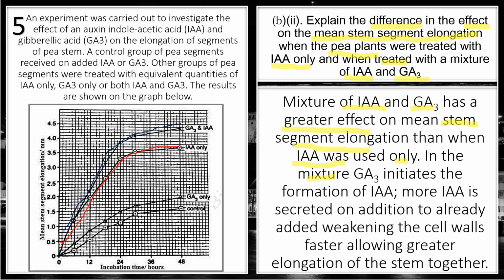In the mixture, gibberellic acid initiates the formation of indoleacetic acid. When there is a mixture of gibberellic acid and indoleacetic acid, gibberellic acid initiates the formation of indoleacetic acid.